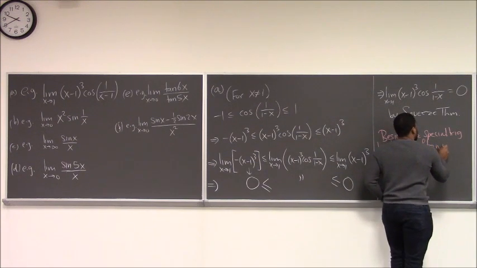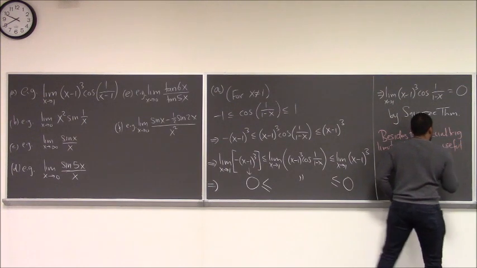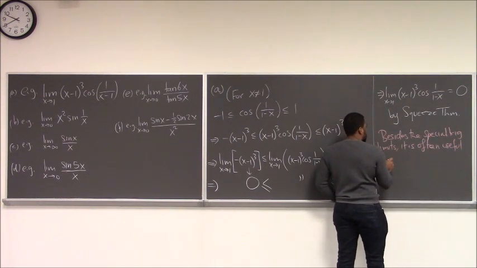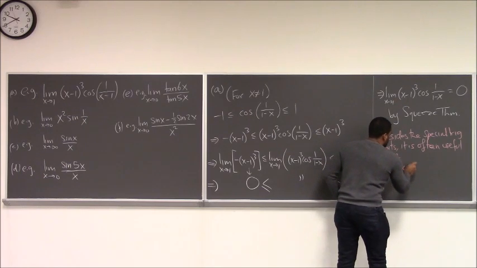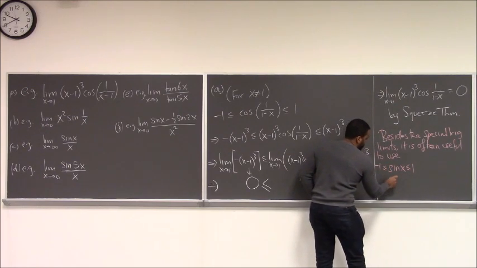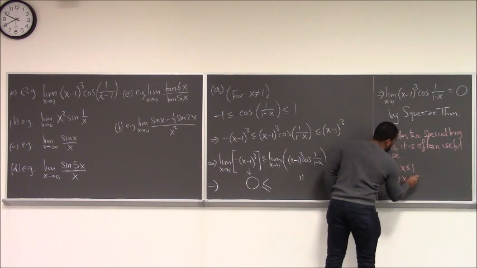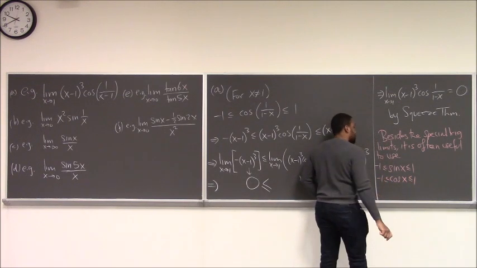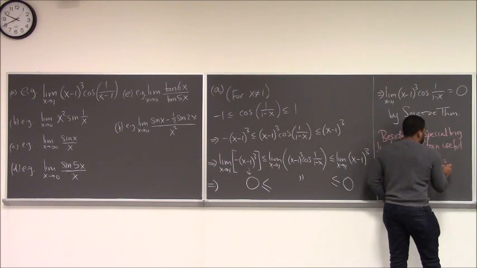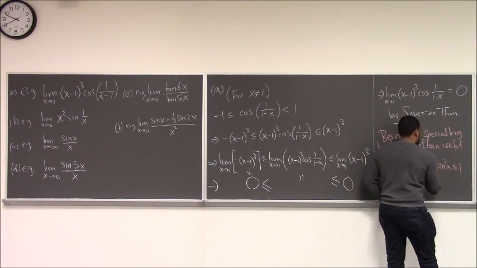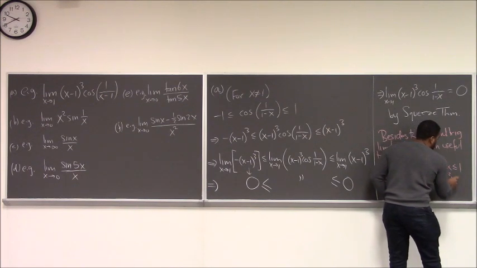It is often useful to use the fact that sine of x is bounded between minus 1 and 1, and cosine x is bounded between minus 1 and 1, from their graphs. Where there are squares or even powers, you know it must be between 0 and 1. That might come in handy as well.